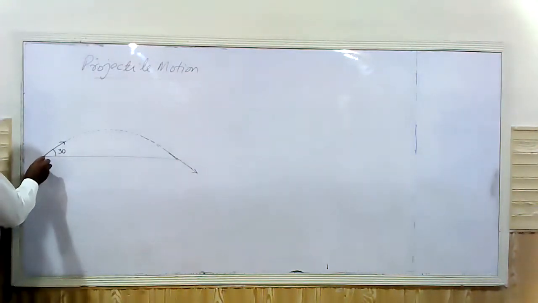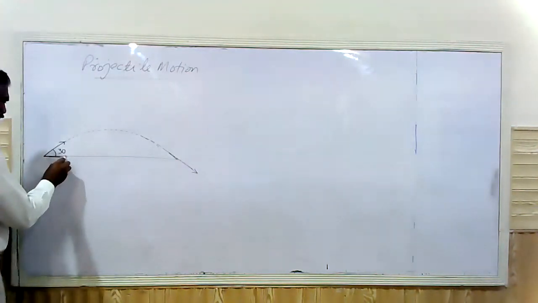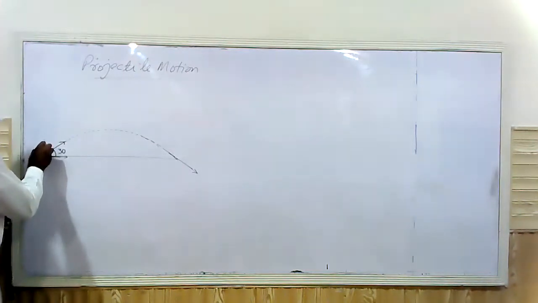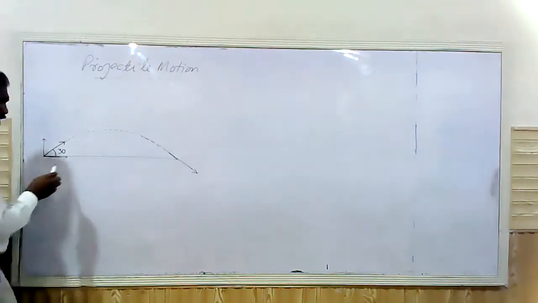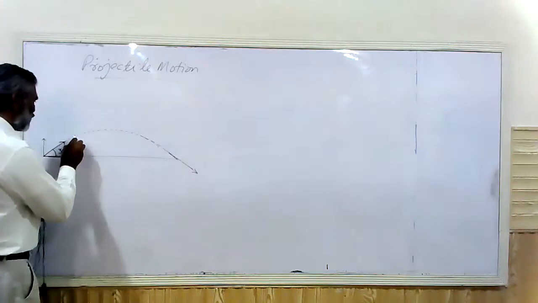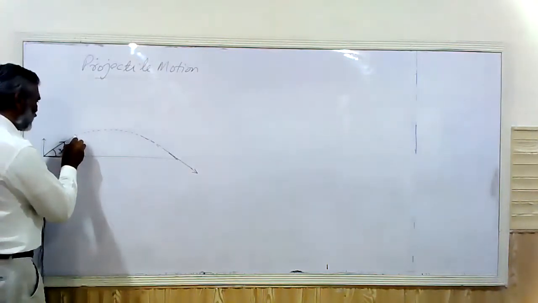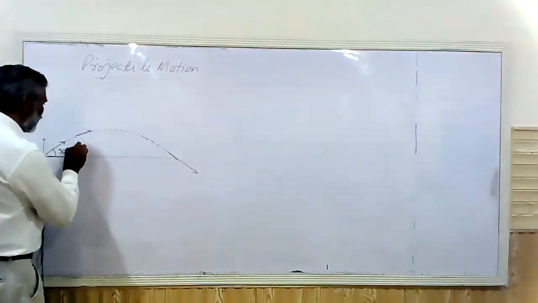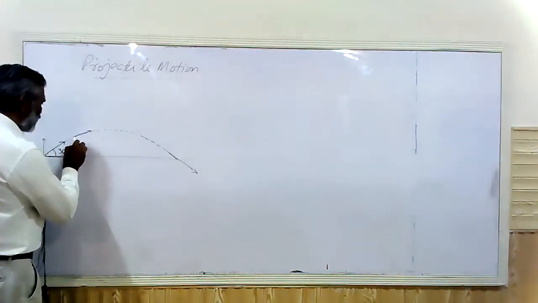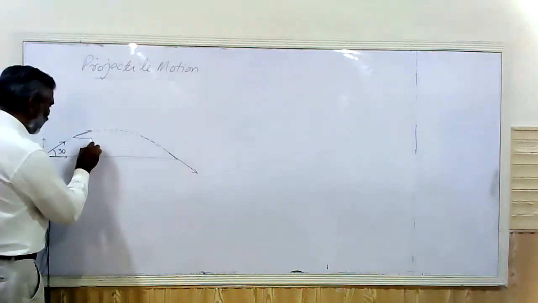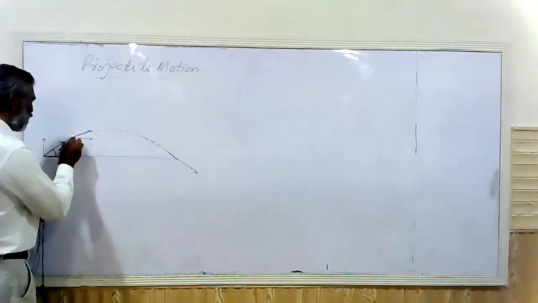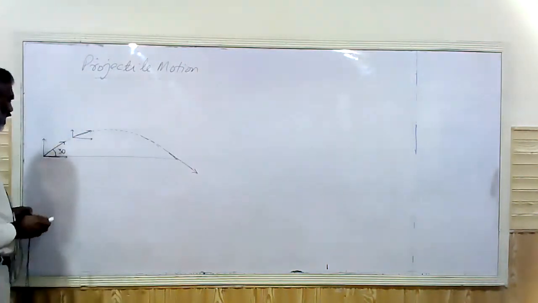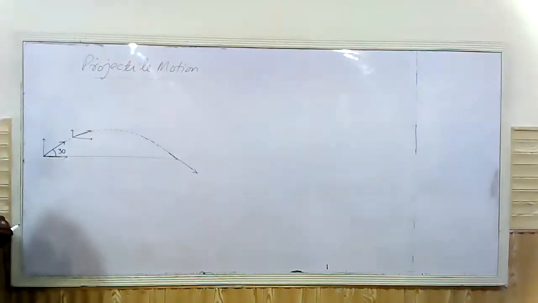So this object is obviously going to hit the ground at a certain angle here, and like always, it will have a horizontal component of velocity and a vertical component of velocity in the beginning. A second or two later, when the object is here, the horizontal component of velocity will be same at all positions. However, vertical component of velocity will change.